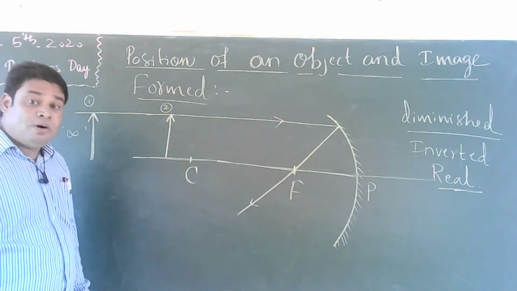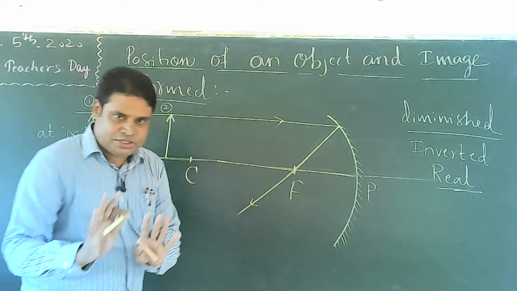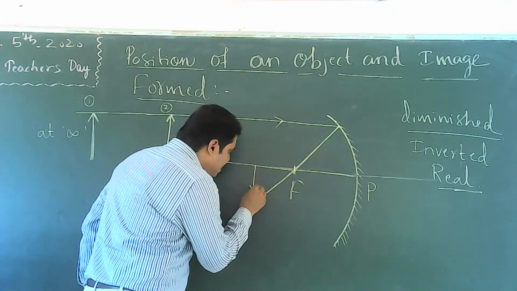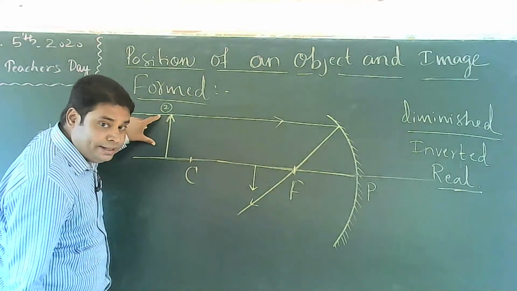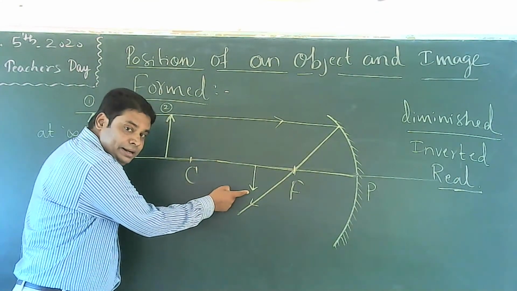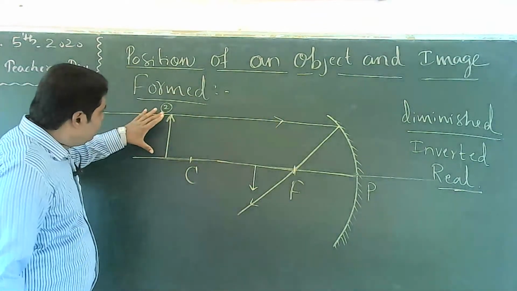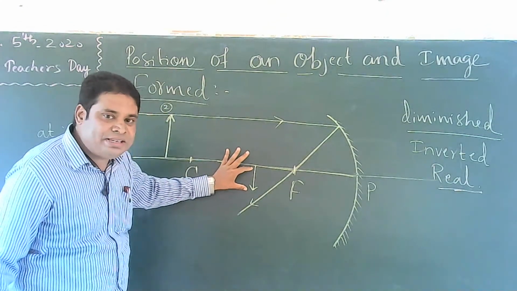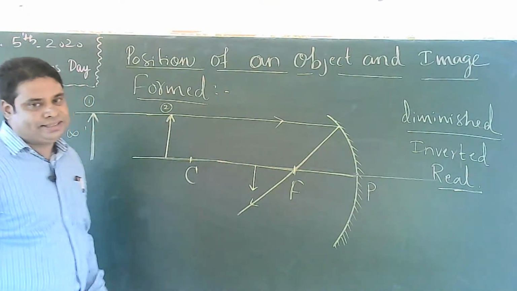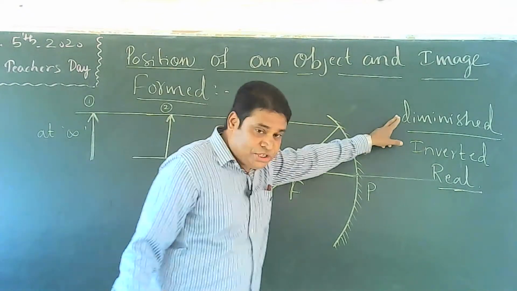When the object is placed beyond C, the image, let me draw those images with the ray only, okay, here for knowledge's sake, the nature of the image is inverted and real. The size of the image is less than the object. It is diminished.